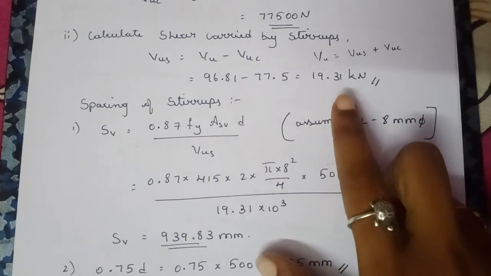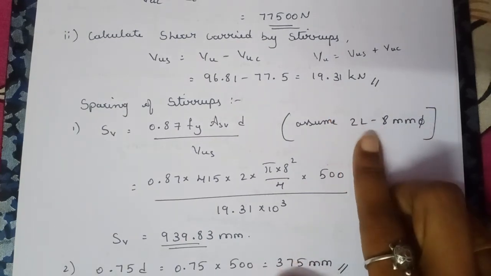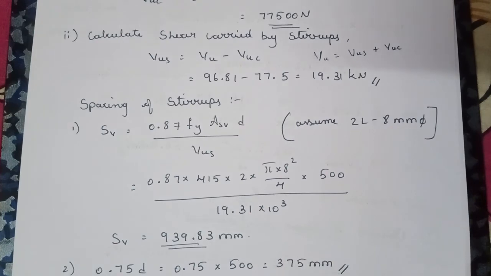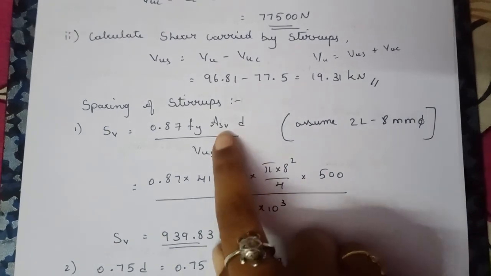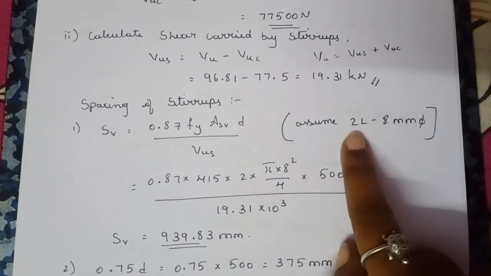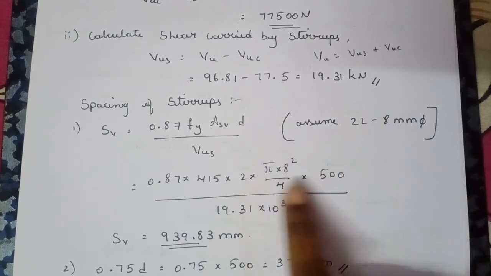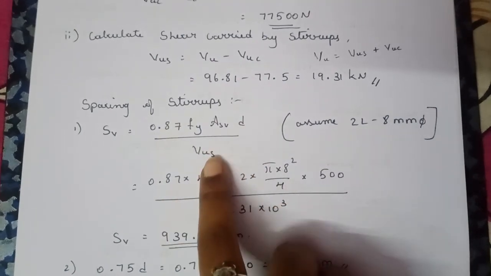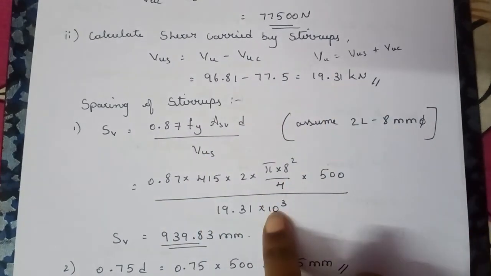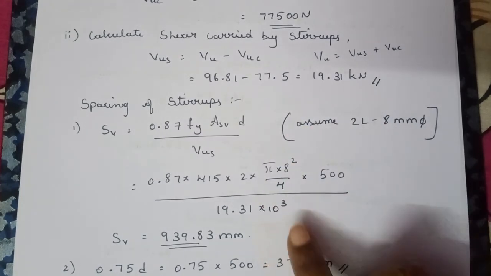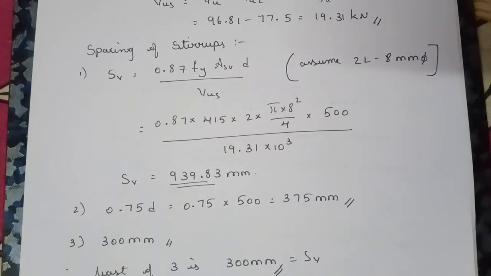If it is more than 500 or something like that, take 4 legs or take more diameter here. ASV is nothing but 1 bar area into 2 legs, no? So it is 2. Okay, D we know, Fy we know, this we know, VU we just calculated, it is in kilonewton, convert into newtons so that you will get the spacing.